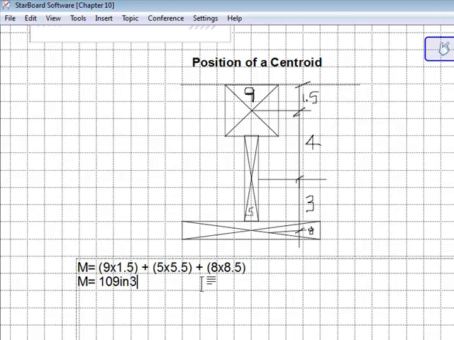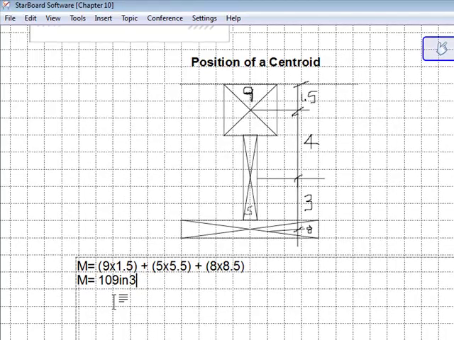So with that, since the moment of the entire area about the axis may be equated to the product of the entire area, and you add up all of these areas, 9 plus 5 plus 8 is going to be 22, times the single centroid. So the area of the whole is going to be 22.